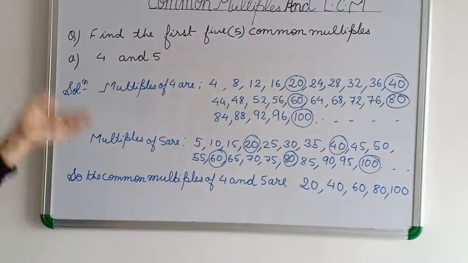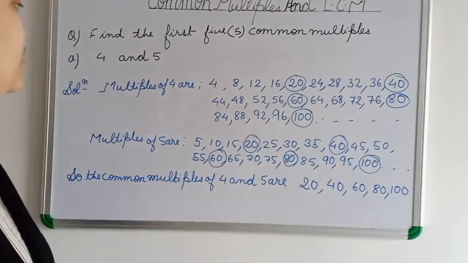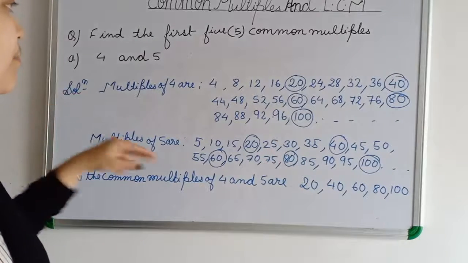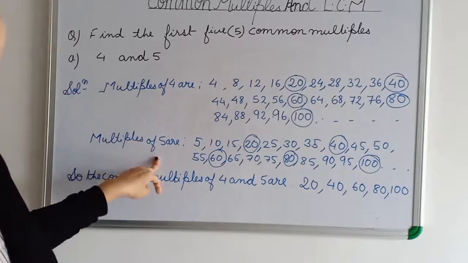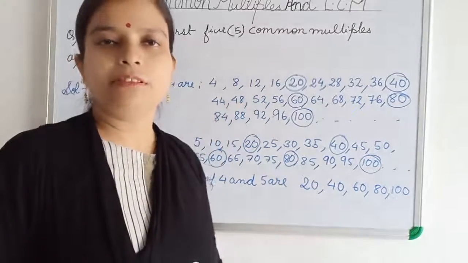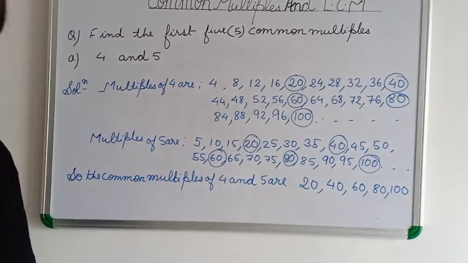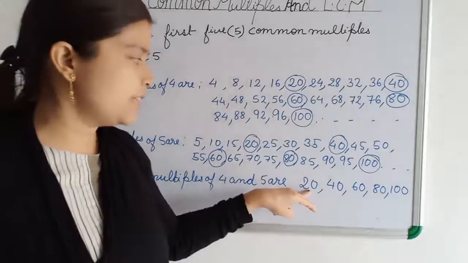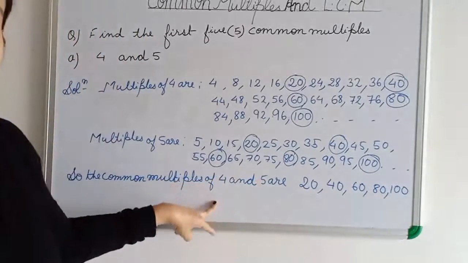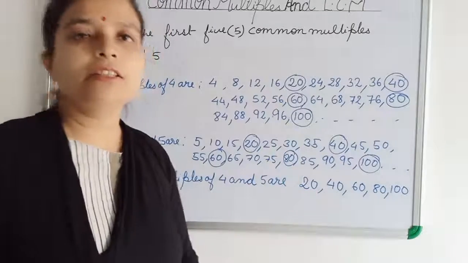So we know how to find the common multiples. These are the multiples which, when we divide by 4 and 5, give 0 as a remainder. When we divide by both numbers, it leaves 0 remainder. That is what common multiples are. When I divide 20 by 4, we get 0 remainder, and when I divide 20 by 5, we also get 0 remainder.